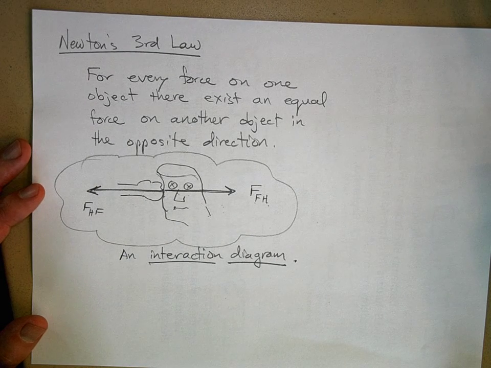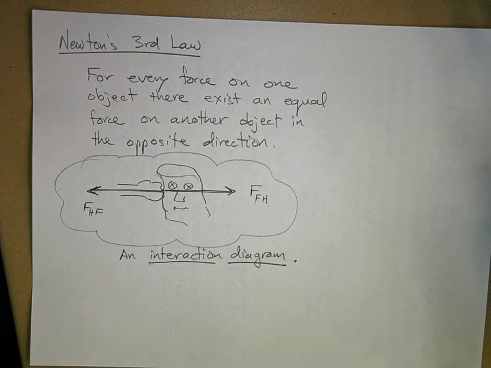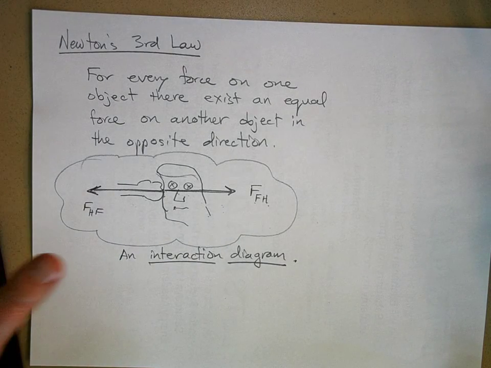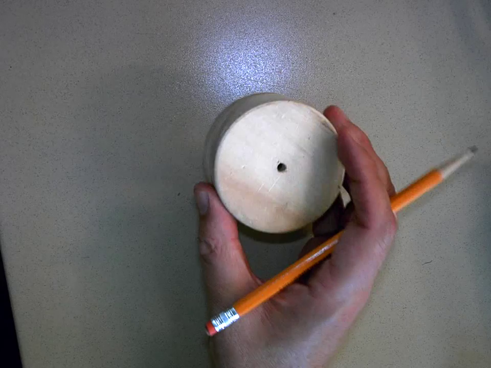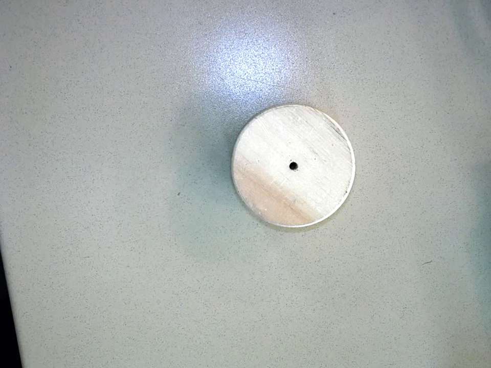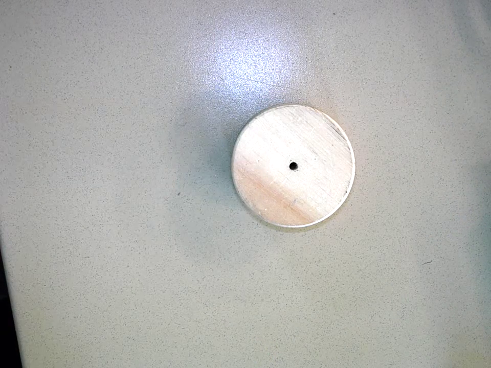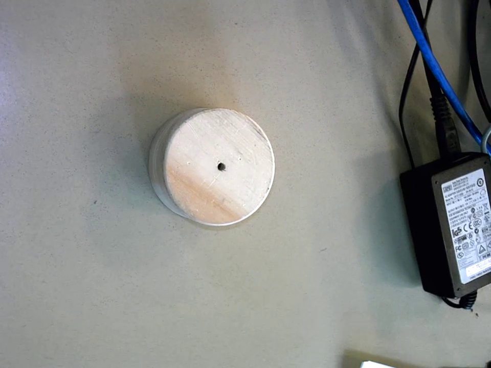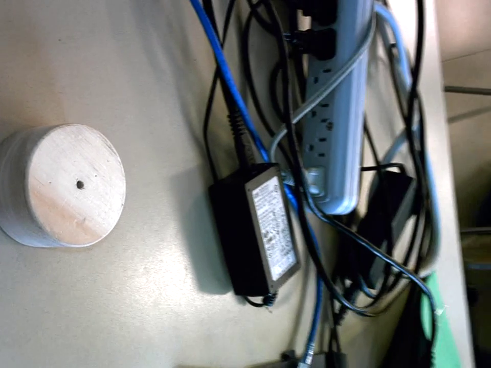Now, let's do something simple. I have this little wooden block, and I'm going to put it under this camera on the table. Let me see if I can tilt this camera so you can get a side view of it.